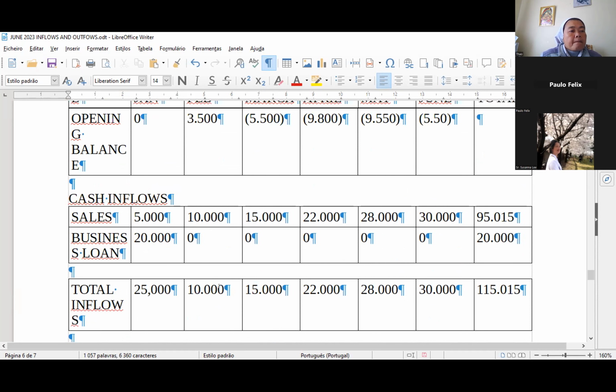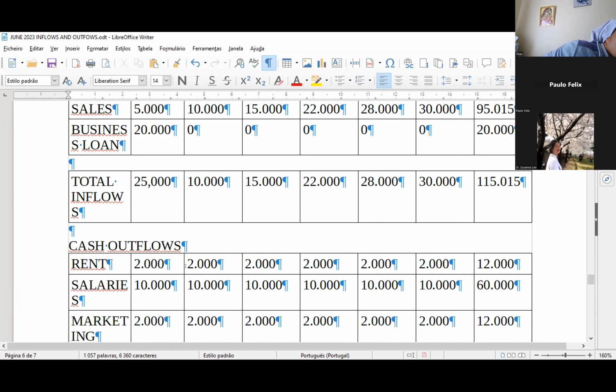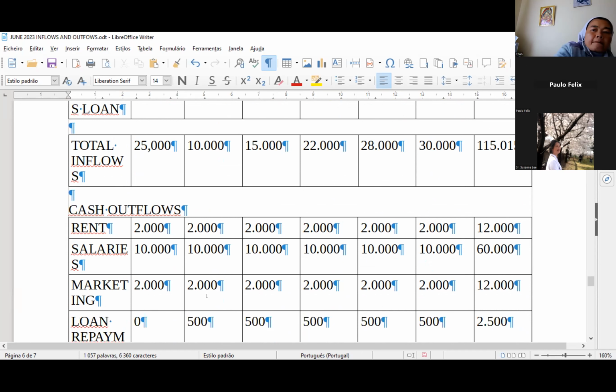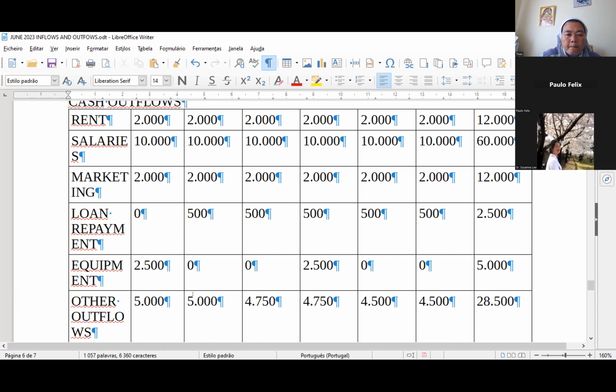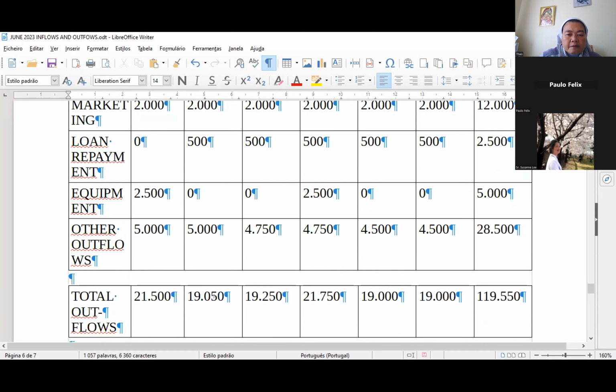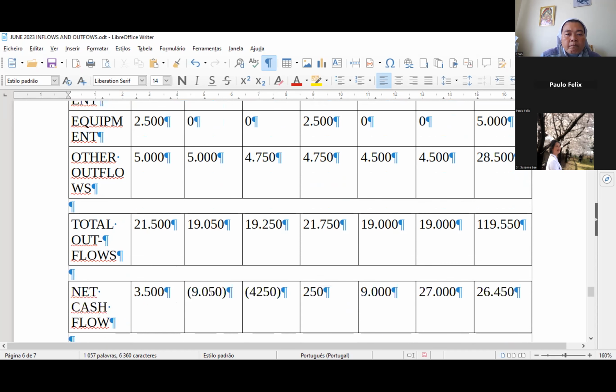And then you add the rent, the same 2,000 rands, salaries 10,000, marketing 2,000. Now you add a loan repayment of 500, and you add the other of 5,000. So it comes to total outflows of 19,050 rands. So it shows that you have a deficit of 9,050 rands.